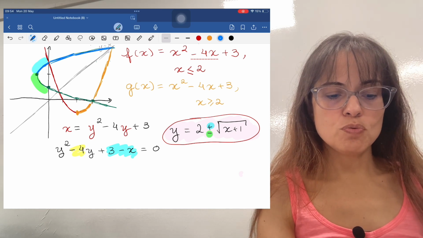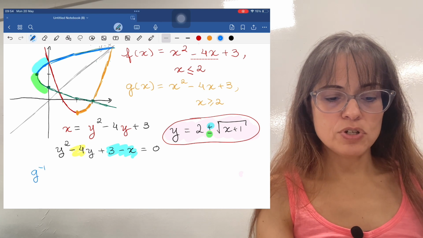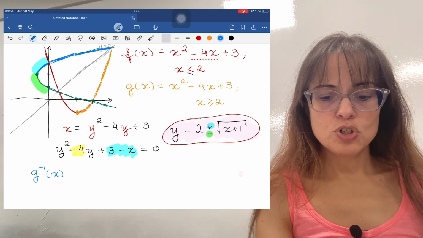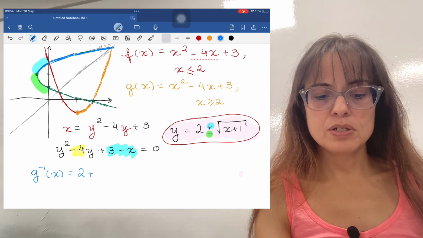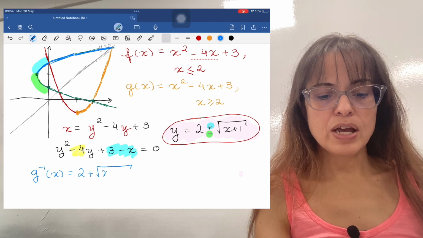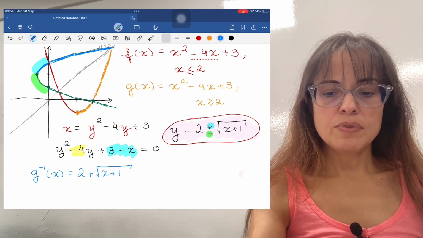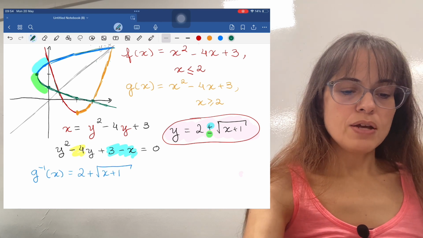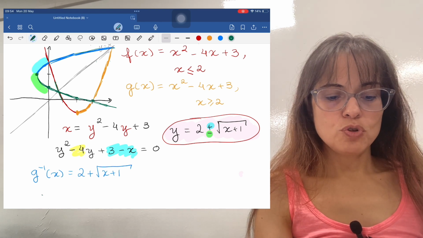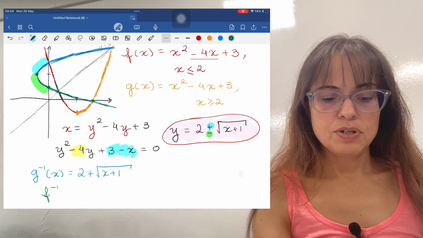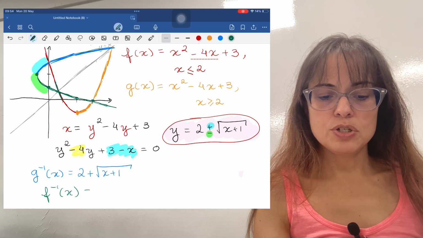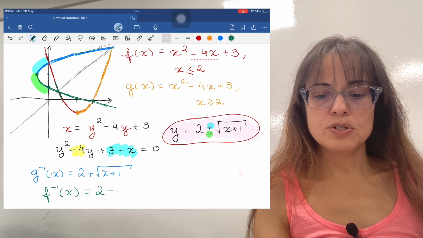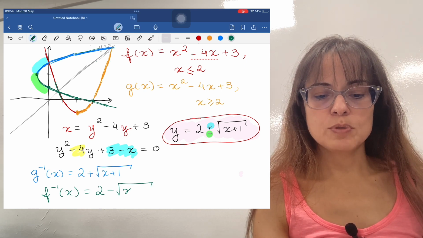So that is going to be the g inverse function, which is going to be 2 plus the square root of x plus 1. And then the green function, which is the inverse of the red function, that is going to be the f inverse function, which is 2 minus the square root of x plus 1.